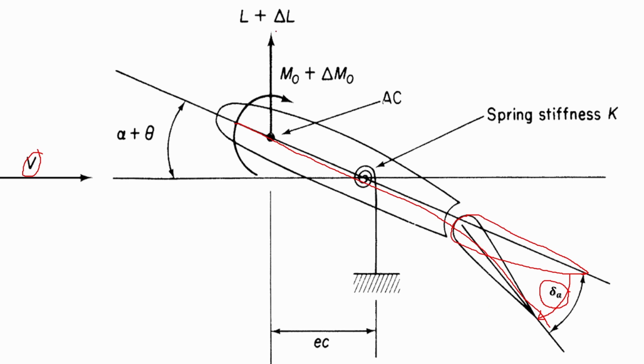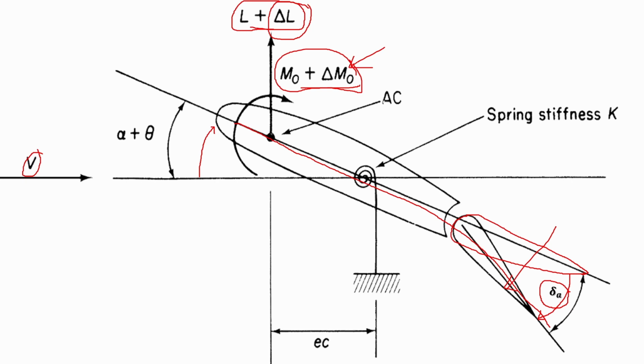And hence we'll have an increment of lift. That means this delta L is due to the deflection of the aileron, and therefore we will have a positive nose up moment, right? Because if we have an increment in the lift, we will have an increment in the moment as well.